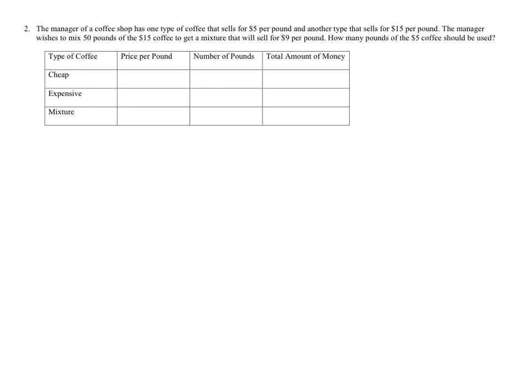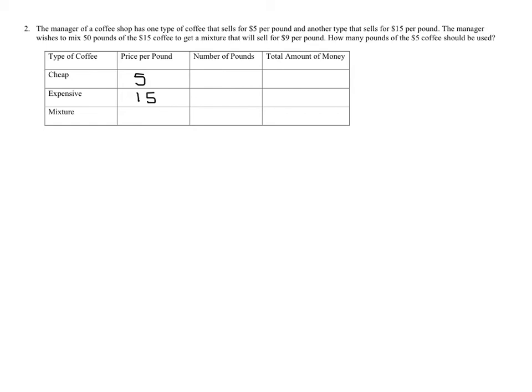Okay, so this is another type of mixture problem, and this one is like my all-time favorite because it has coffee in it. So let's go for it. A manager of a coffee shop has one type of coffee that sells for $5 a pound, and the other type that sells for $15. So the cheap coffee is $5 a pound, and the expensive is $15.